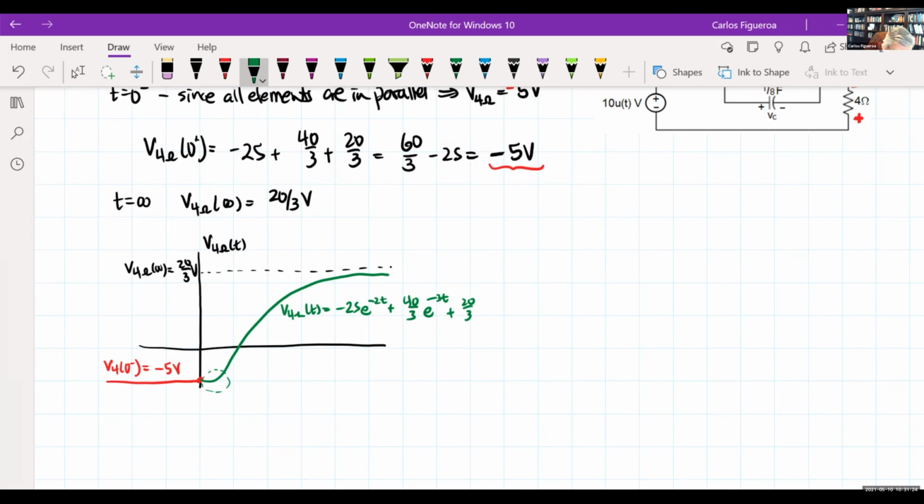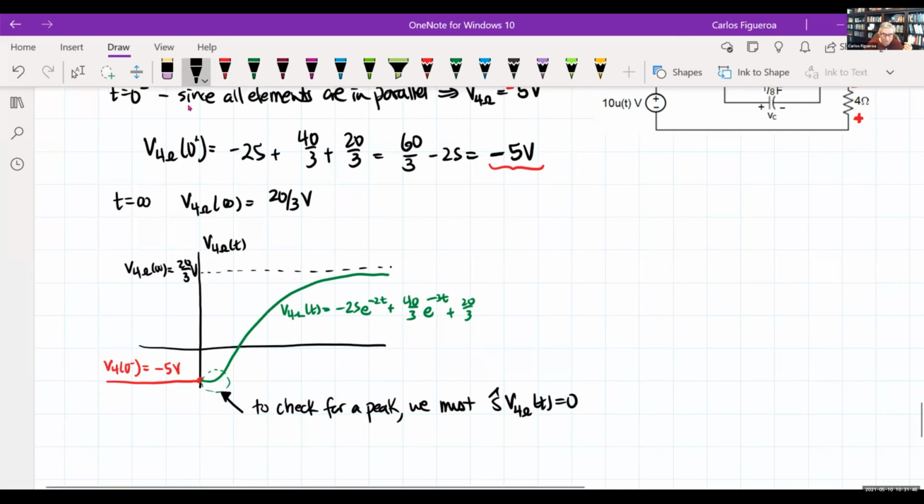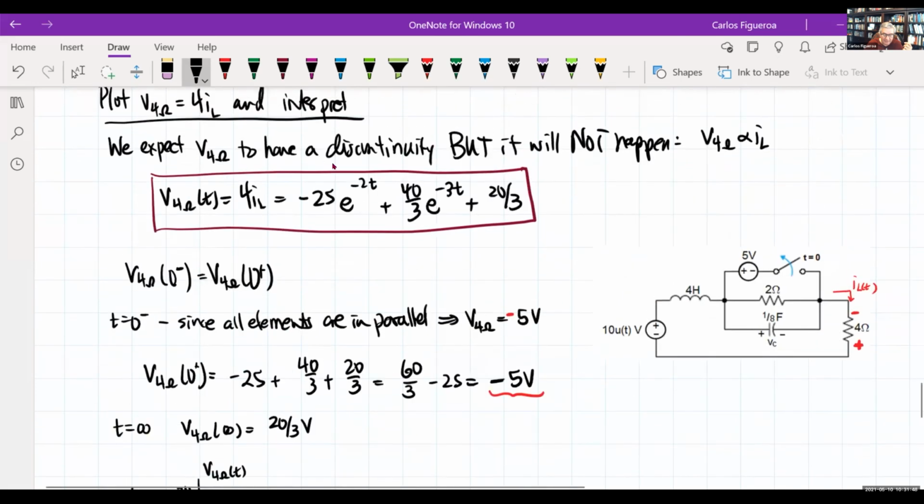So to really check if there's a peak here, we must take the derivative of this and set it to 0 to get the critical value here. So if we do that, then I've got to go in and take the derivative of this term. Note that the 20/3 term is gone.